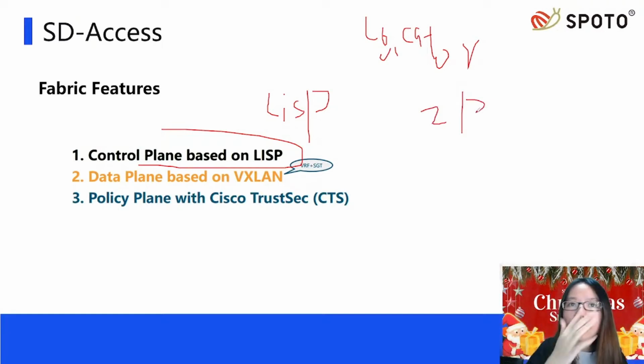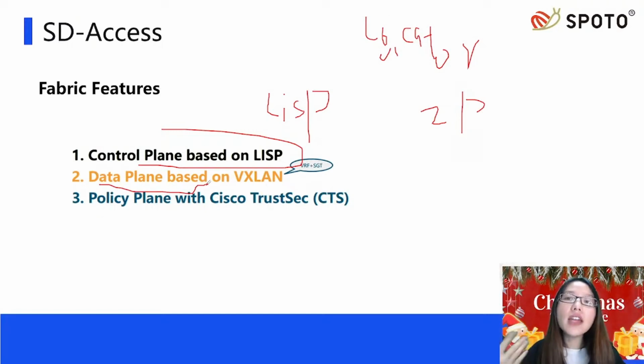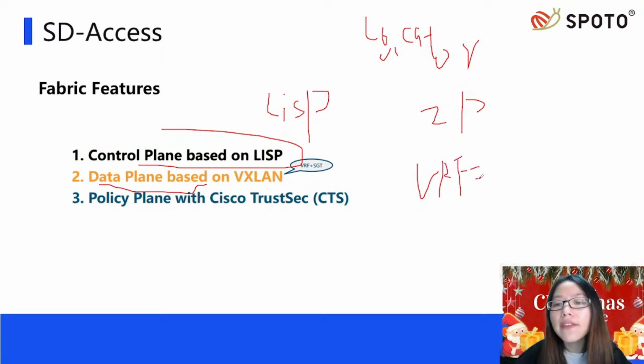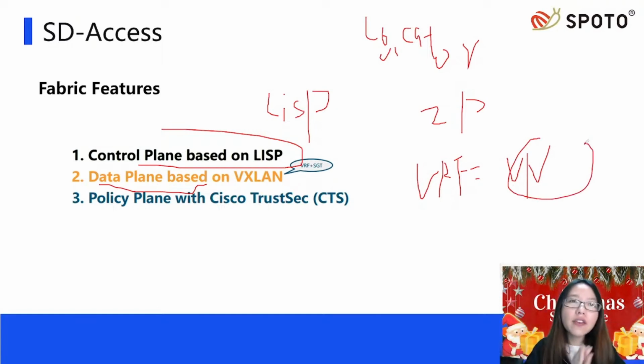Second is the data plane based on VLAN, VRF and SGT. In SDA, the VRF is called VN, so VN is the same as the VRF. And SGT is Scalable Group Tagging. Thirdly is the policy plane with Cisco TrustSec.